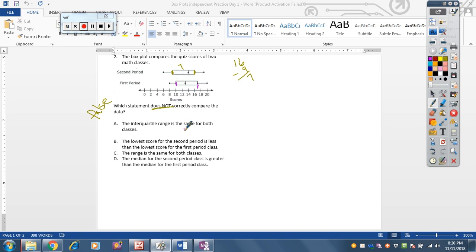So A is true, which means it's not our answer. The lowest score for the second period class is less than the lowest score for the first period class. So lowest score is right here. Which one is less?